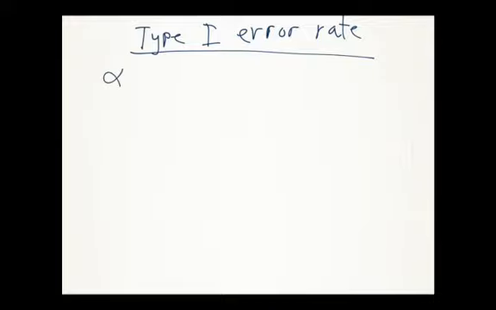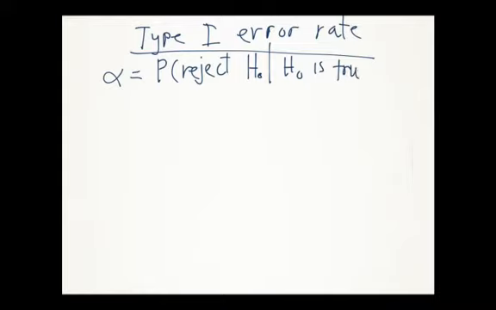Remember again, we said the type 1 error rate, or alpha, is equal to the probability that we reject the null, given that the null is true. So it's an incorrect decision, it's an error. We've rejected the null when it's actually true.